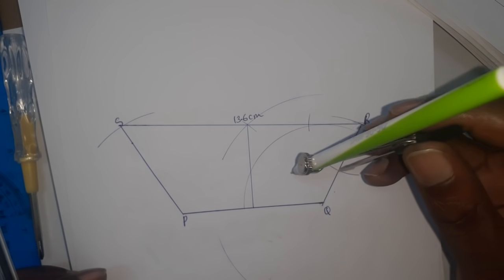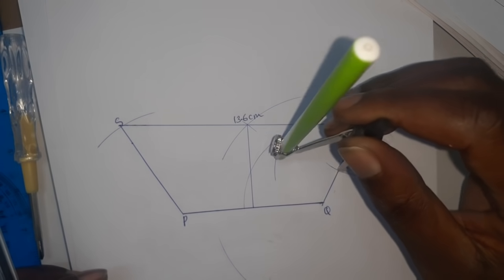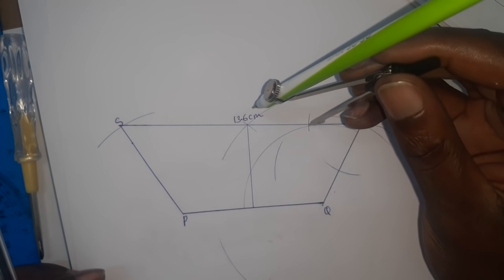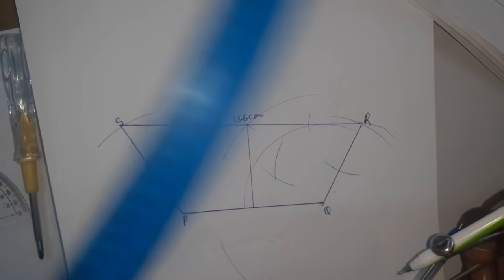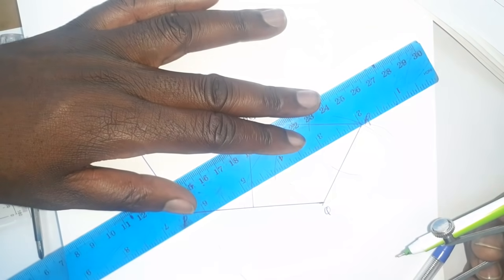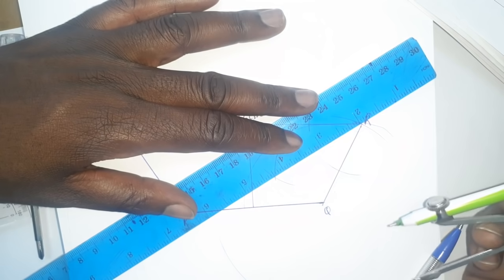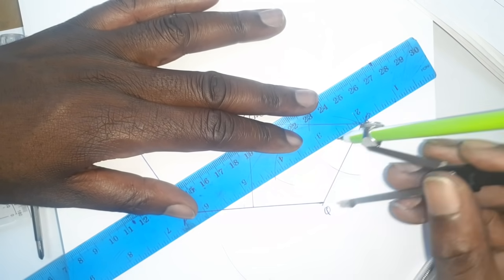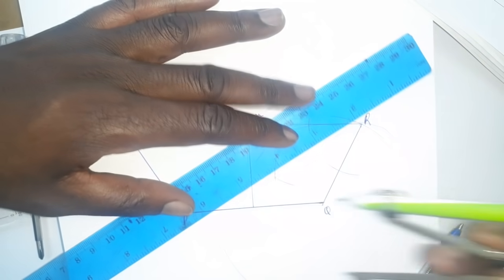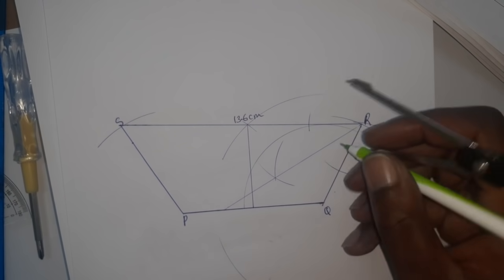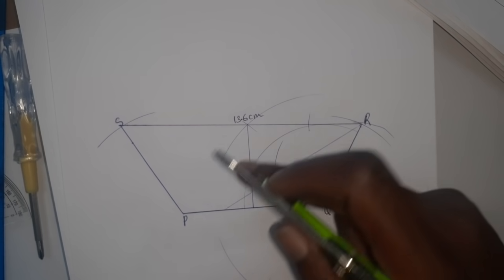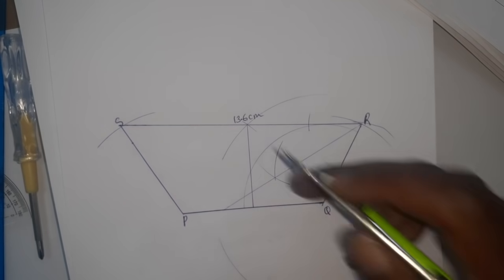Then you extend this line, do this on this side, do another one. Then you join from this point like this. So take note of the arcs, the locus of points that we have done. There's this one and the other one as well as this one.